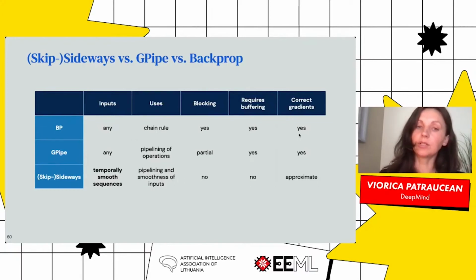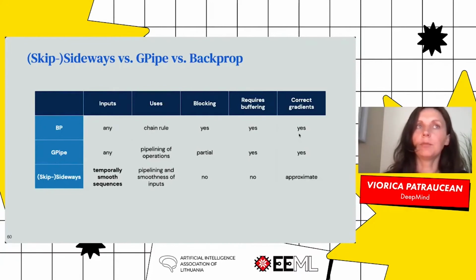They make no assumption about the inputs. Whereas for Sideways and Skip-Sideways, it is very important to deal with temporally smooth sequences, and we're saying that videos are exactly that. So we should exploit that smoothness in time that we have in videos.